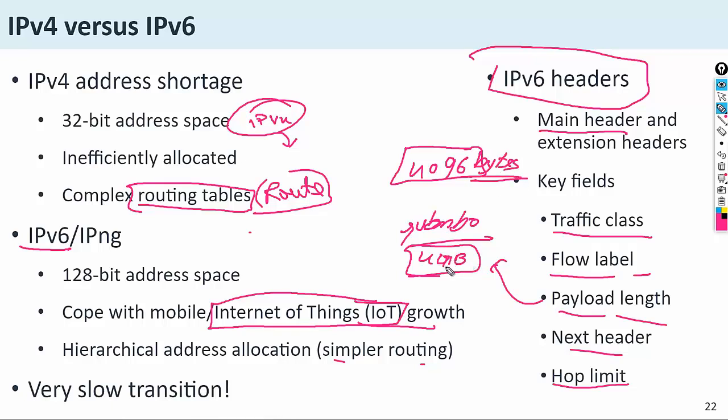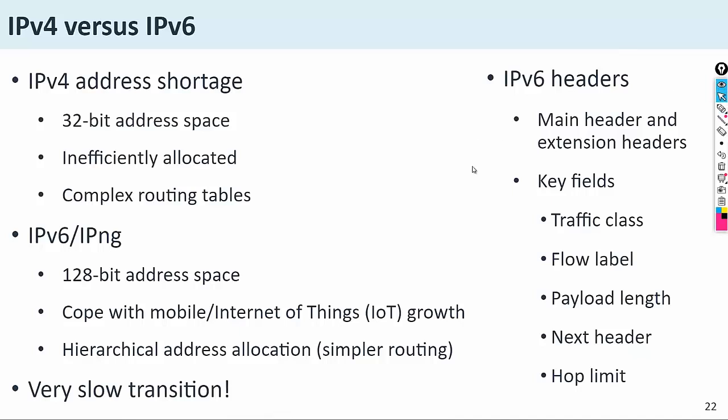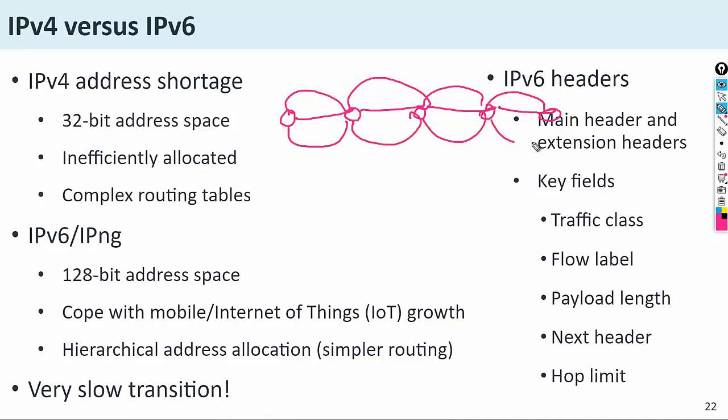But here a jumbo packet can be 4 GB maximum. It also provides the hop limit, how many hops are connected. Hops means one router to another router, and another, so every router is considered a hop.